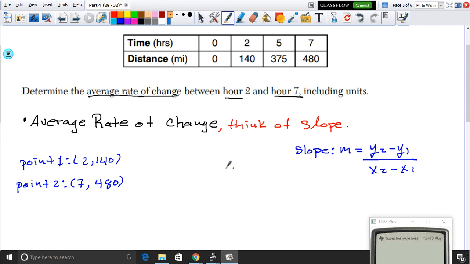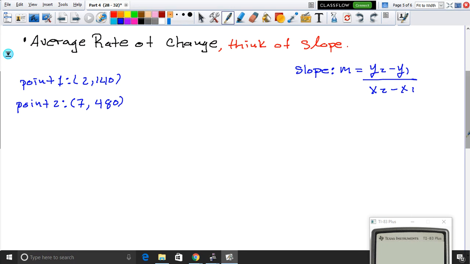We have 2 points. We have the slope formula. Let's find the slope. So the average rate of change is the slope, which is going to be y2 minus y1 over x2 minus x1.